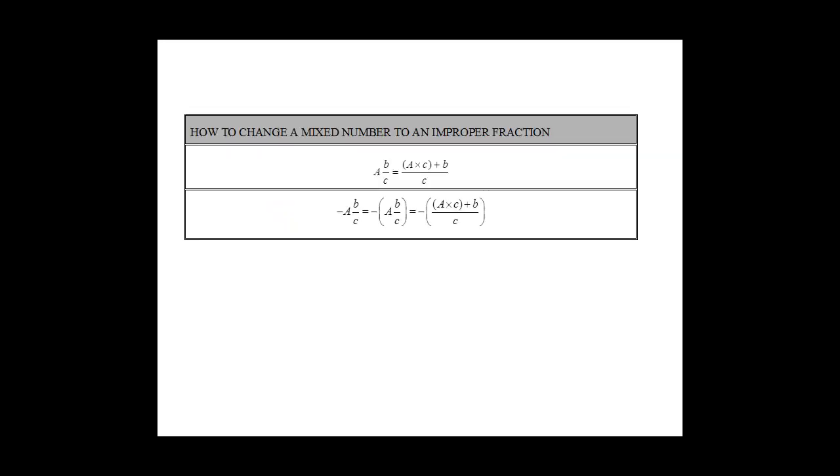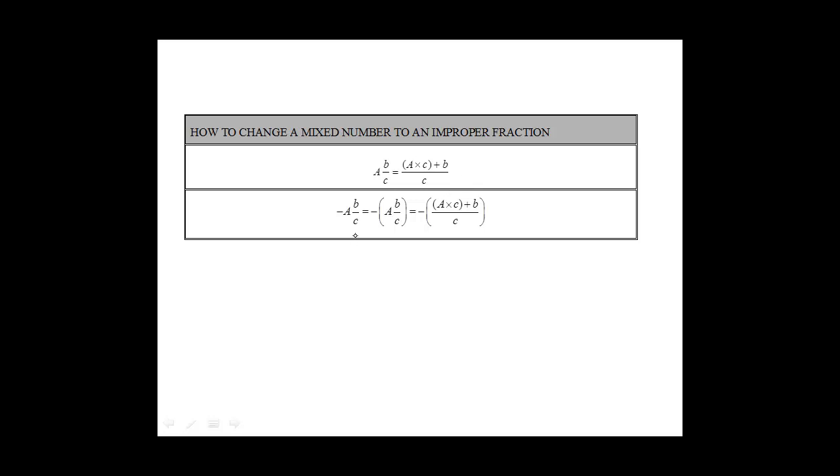How to change a mixed number to an improper fraction. A mixed number is in this form: a whole number plus a fraction. What we do is we multiply the whole number times the denominator and add the numerator to get the numerator of the improper fraction, and the denominator will stay the same.